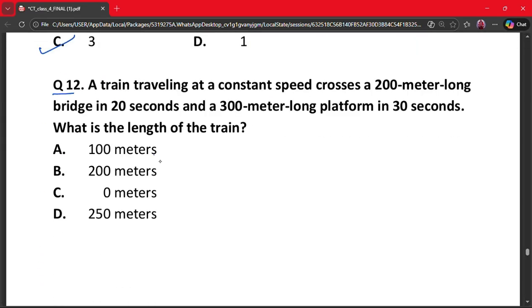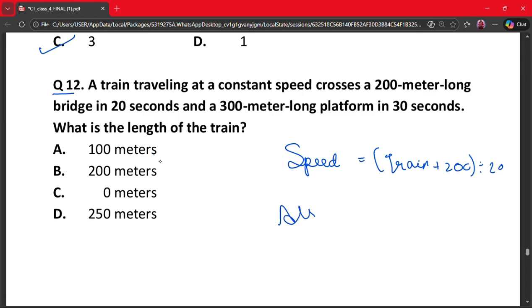Question number 12. A train traveling at a constant speed crosses a 200-meter long bridge in 20 seconds and a 300-meter long platform in 30 seconds. What is the length of the train? So the speed is equal to (train plus 200) divided by 20.